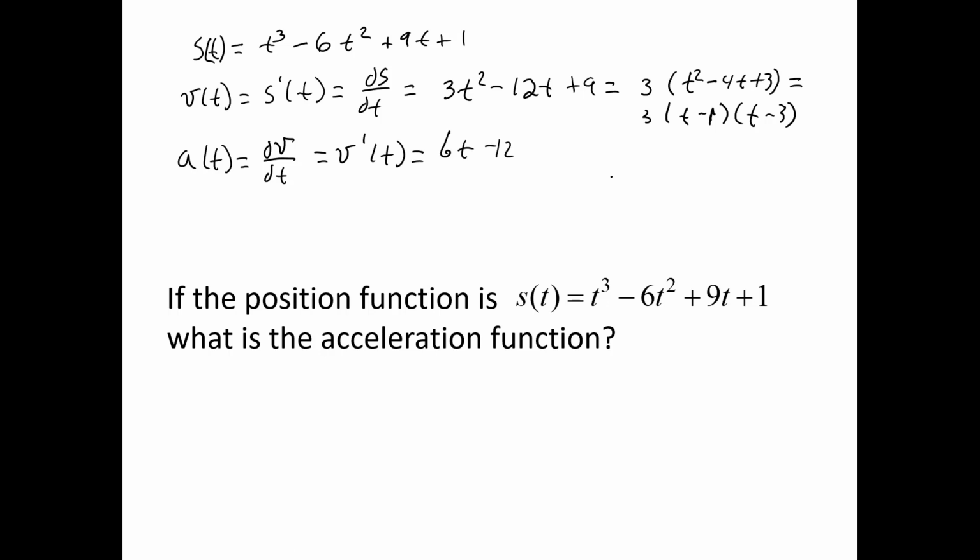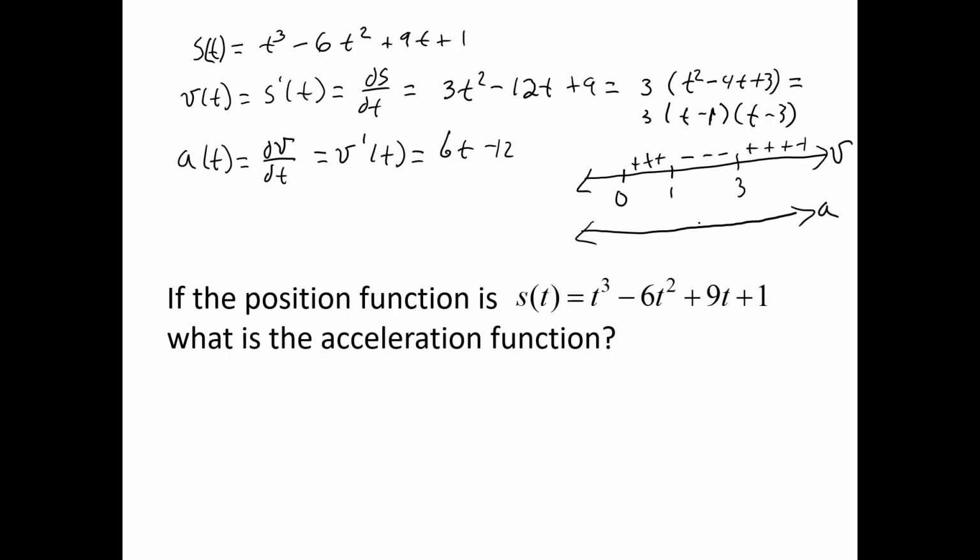Now, earlier we made the sign chart for the velocity function. We're only concerned to the right of 0, with 1 and 3, and over here it was positive, and over here it was negative, and over here it was positive. And now we're going to look at what the acceleration sign chart looks like.